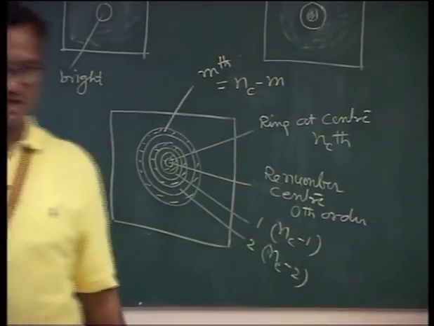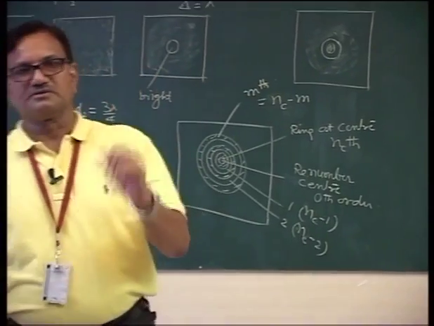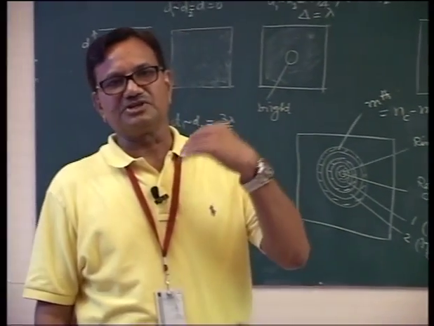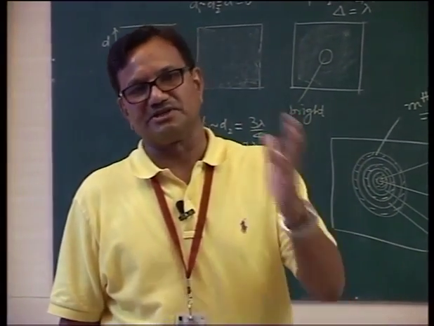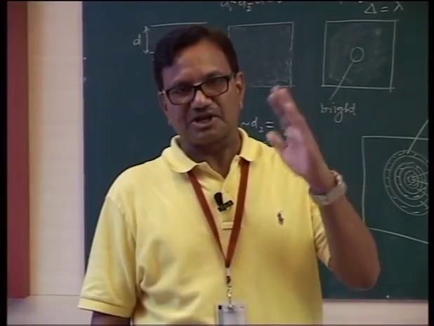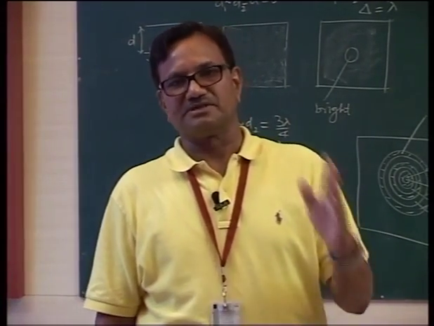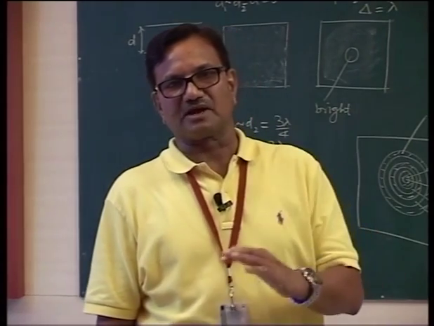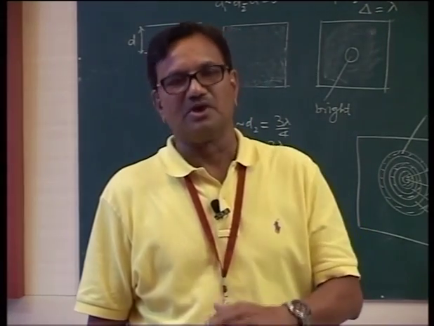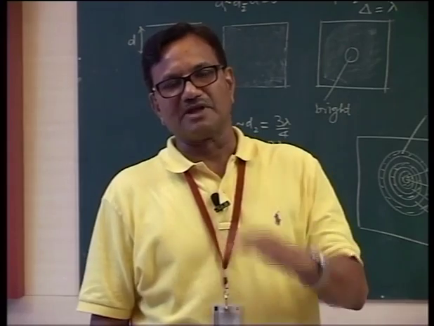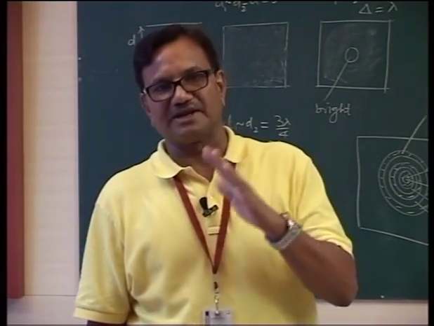I repeat it again, we call the ring at the center, which is originally nc, the 0 order ring. Then the first ring will be nc minus 1, the second ring nc minus 2 and so on. So the mth order ring will be nc minus m.